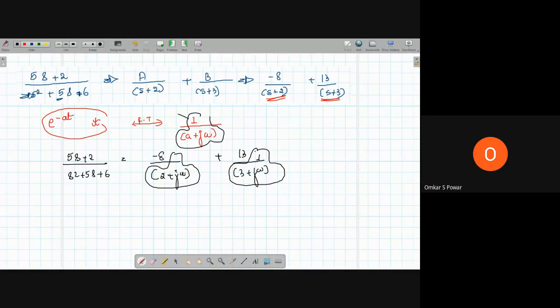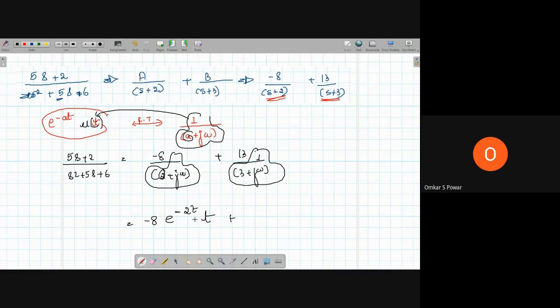So what is the inverse Fourier transform? E power minus at. So minus 8 I'll write outside, e power minus a t, where a is 2 here because you compare this one. Sorry, this should be u of t.